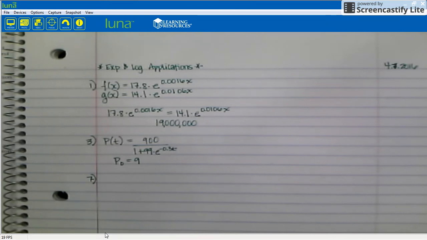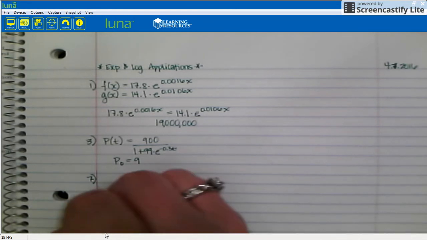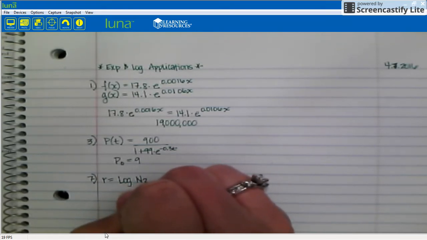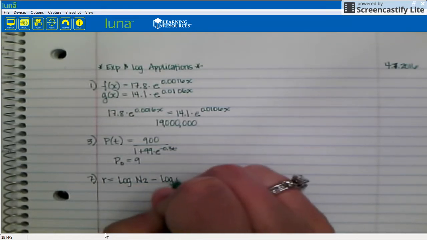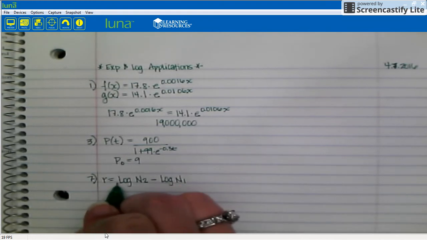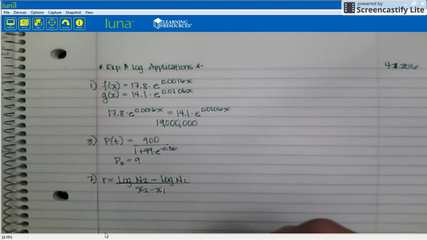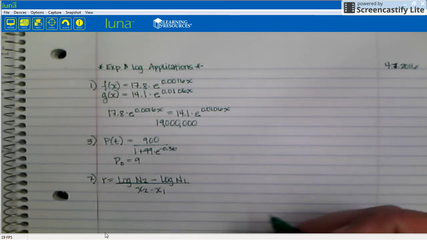The specific growth rate R is defined using R is equal to log of n sub 2 minus log of n sub 1, divided by x2 minus x1, where N1 is the algae concentration at time x1 and N2 is the algae concentration at time x2. In this situation, what is the specific growth rate of algae? Round your results to the nearest hundredth.